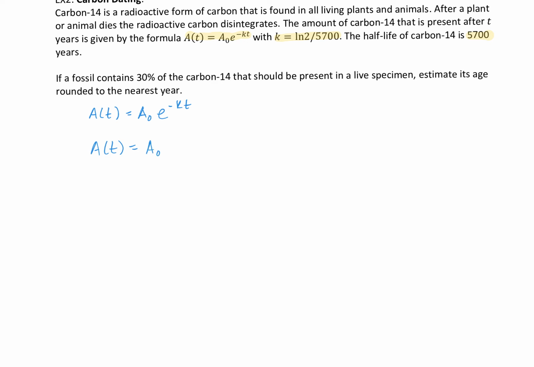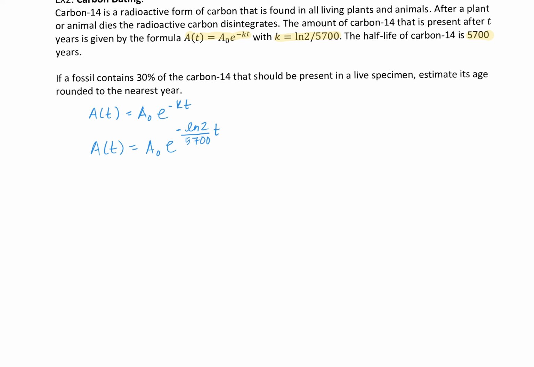I don't know what my initial amount is though. So it's going to be a negative, and I'm not going to round this in a calculator until the very end. I want to make sure my answer is as accurate as possible. Here's where we're at.